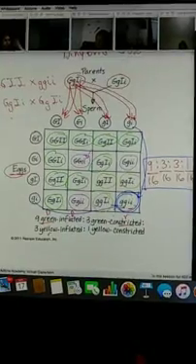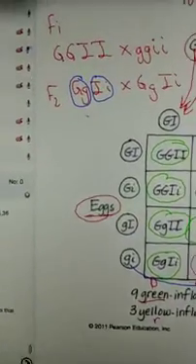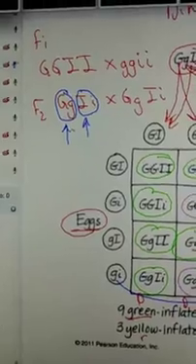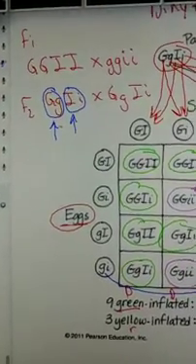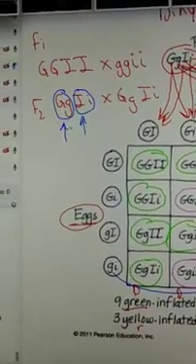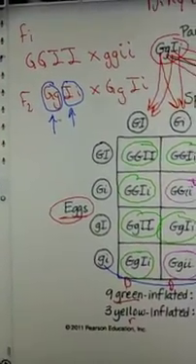If you're heterozygous for both characteristics, heterozygous for shape and for color, then mom and dad both have the dominant characteristics, but they are carriers for the recessive characteristic. Definitely know that.